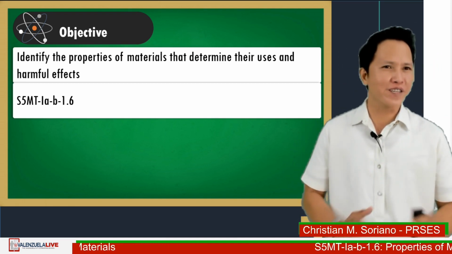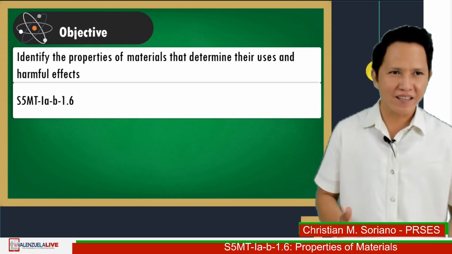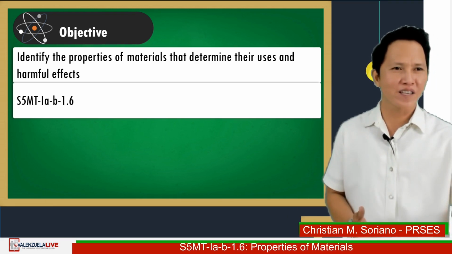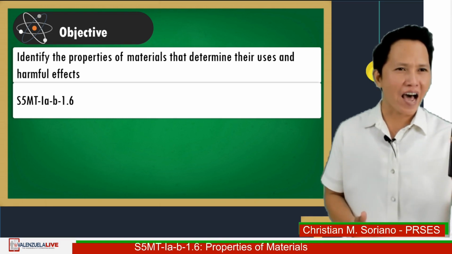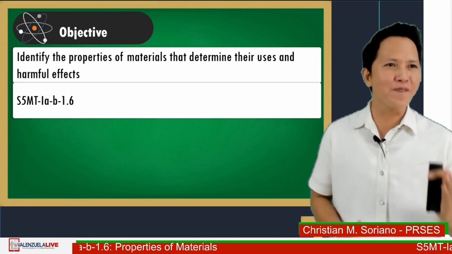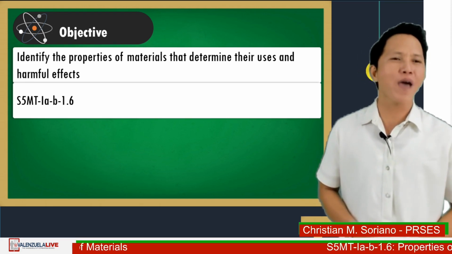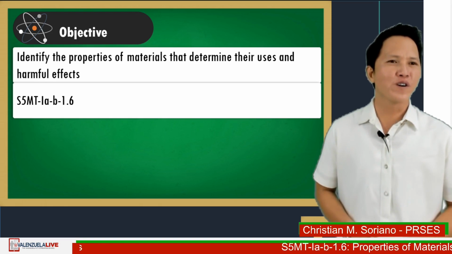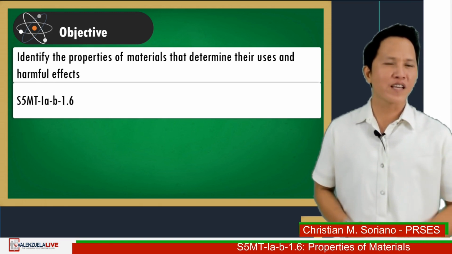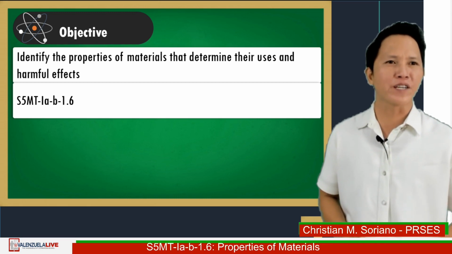First, we need to identify the name of the material and its use. And I want you to identify as well its harmful effect after it is being used. Now, I'm going to show you videos regarding the different properties of materials we have.